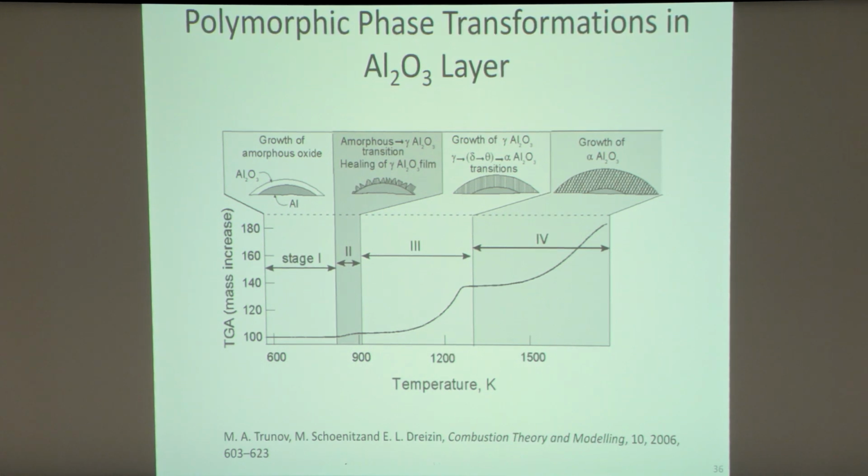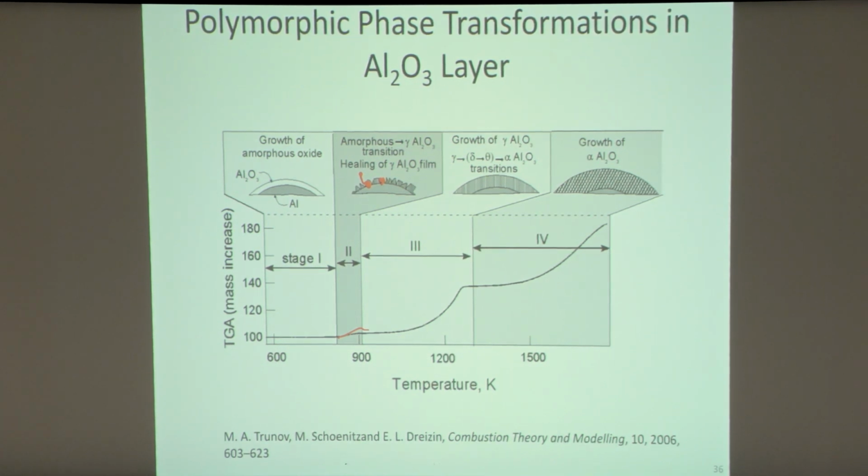There have been different theories of how ignition occurs, as I just said. One of the theories also says that the phase transformations of the oxide layer become very important as the particles heat up. If I go from the amorphous to gamma aluminum oxide transition, the densities of those two oxides change, and as a consequence I can open up regions on the surface where oxygen can diffuse through the pores and start to react with the surface to raise the temperature a little bit to continue the ignition rate.